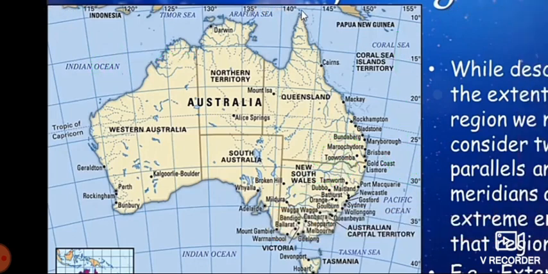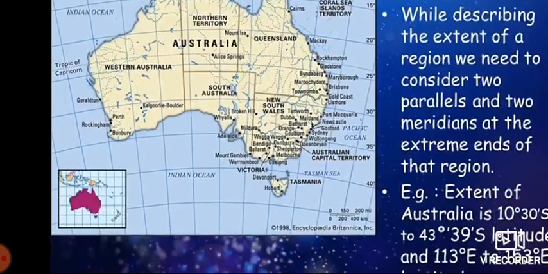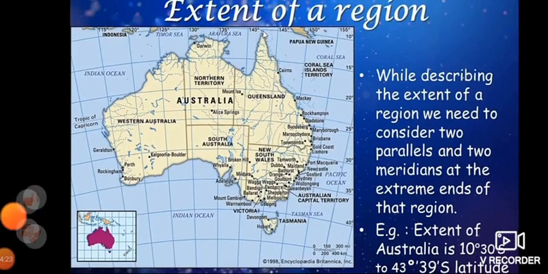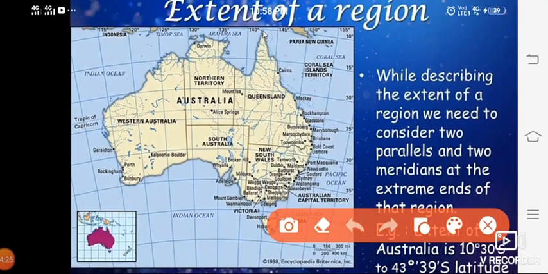So whatever measurements we are going to locate, that will be either of the eastern part or the southern part. So first we will locate the latitudes. Latitudes means, I'll show you, it will be from here to here, not here, a little below that.